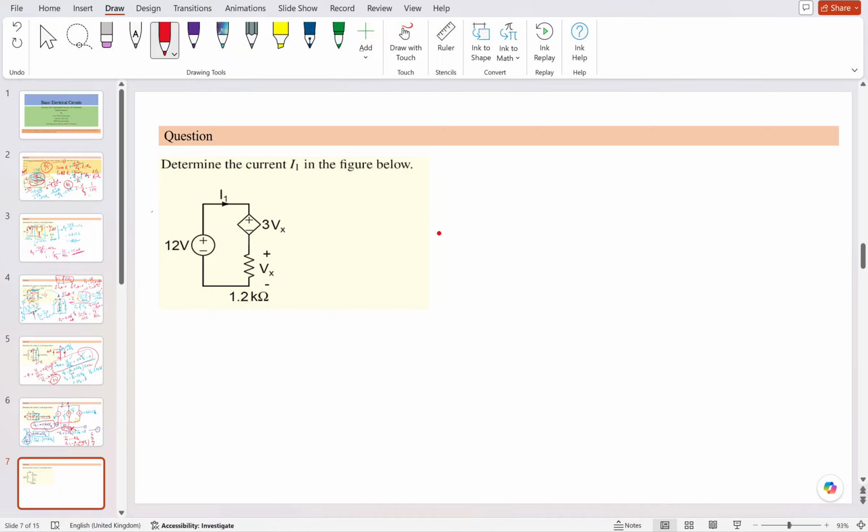Okay, let me solve this problem. So I think more or less everyone is getting similar answers. So let's solve for the same thing.